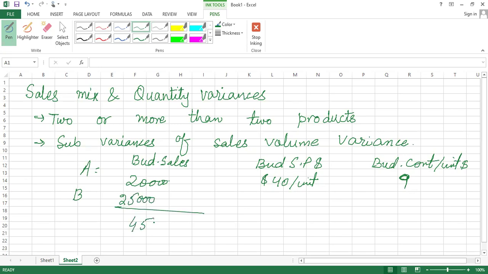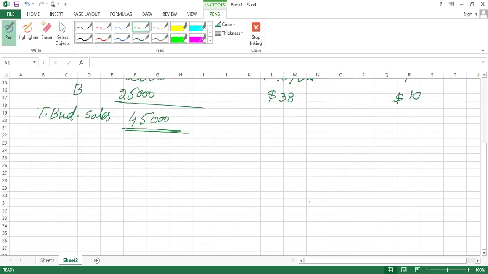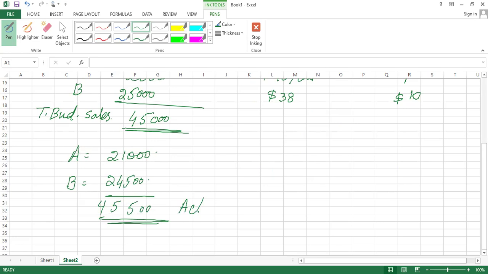So the total budgeted sales are 45,000. And its price is 38 and its contribution is 10. Actually, for A we sold 21,000 units. For B we sold 24,500 units. So in total we sold 45,500.